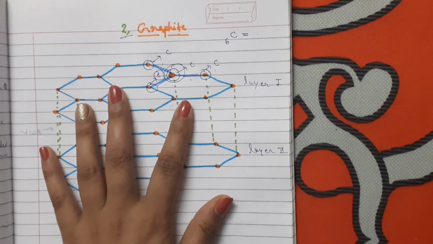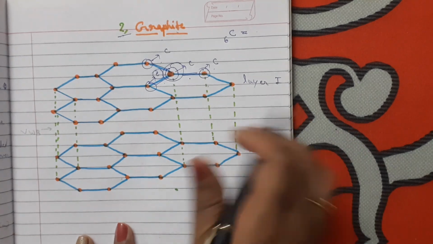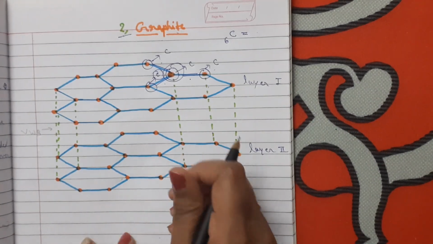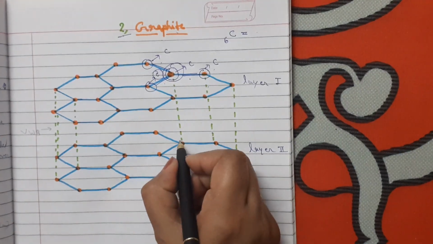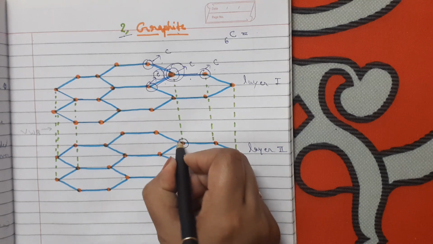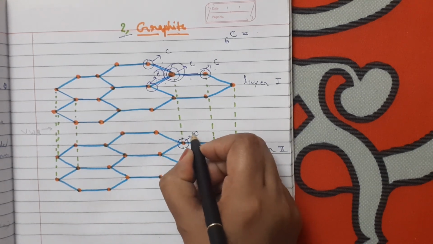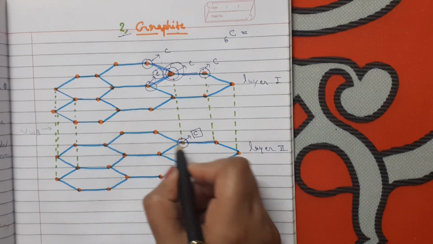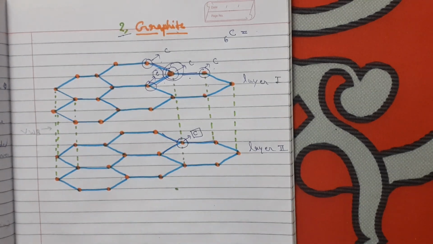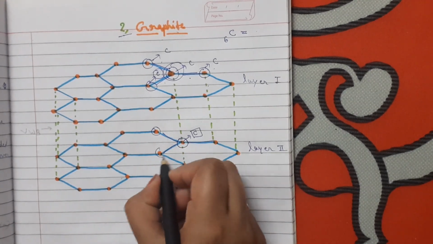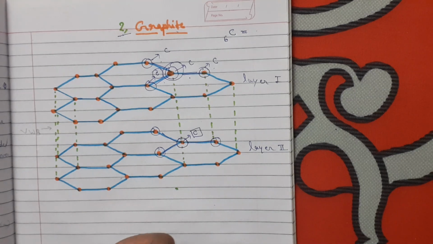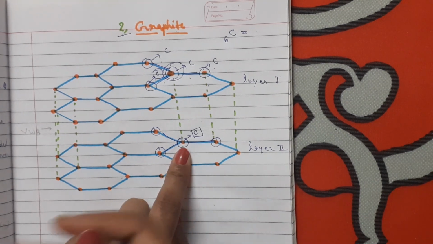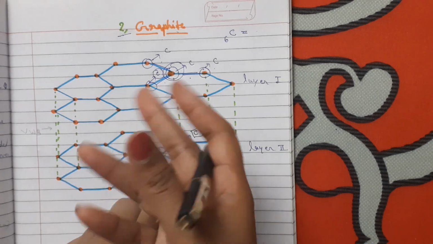Okay, so here you can see that if I show you a carbon atom, this carbon atom is making three bonds with another three carbon atoms. But we all know that carbon can make four bonds.